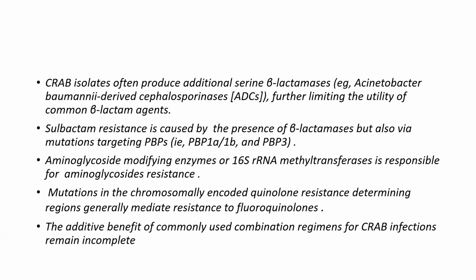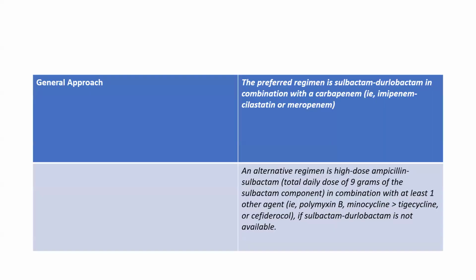If there is a modifying enzyme and 16S rRNA methyltransferase, then that is responsible for aminoglycoside resistance. If there is a mutation in the chromosomally encoded quinolone resistance, then it is resistant to fluoroquinolone. So the additive benefit of commonly used combination regimens for CRAB remains incomplete.